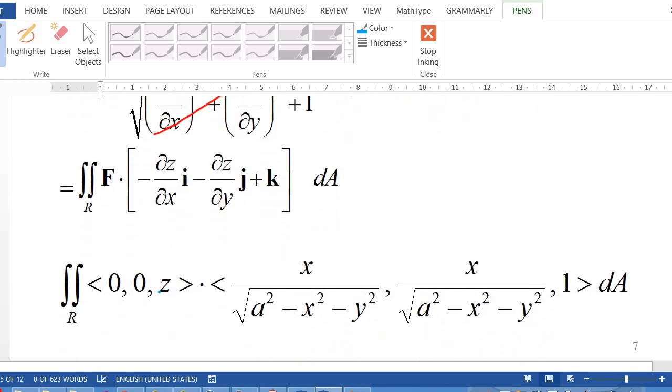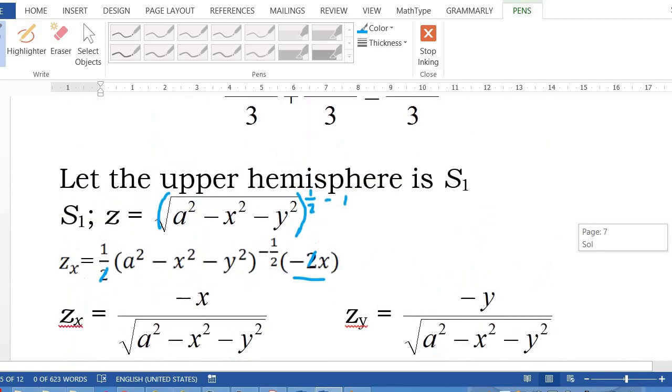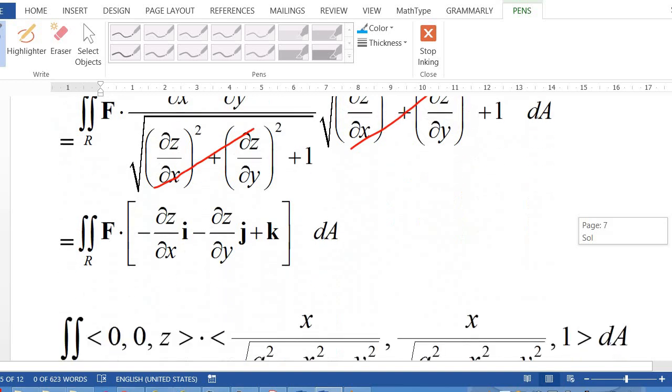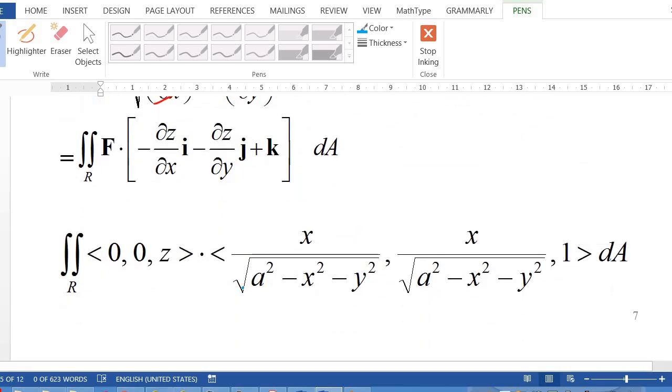F actually consists of only the component k, zk. So dot with negative del z del x. Del z del x will have a negative, and that negative again, that's why you have positive x. Now positive x over square root of a squared minus x squared minus y squared.